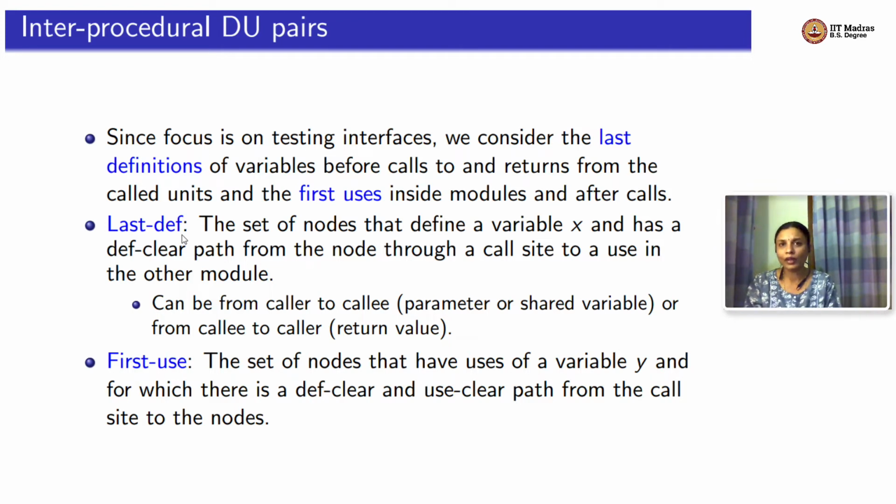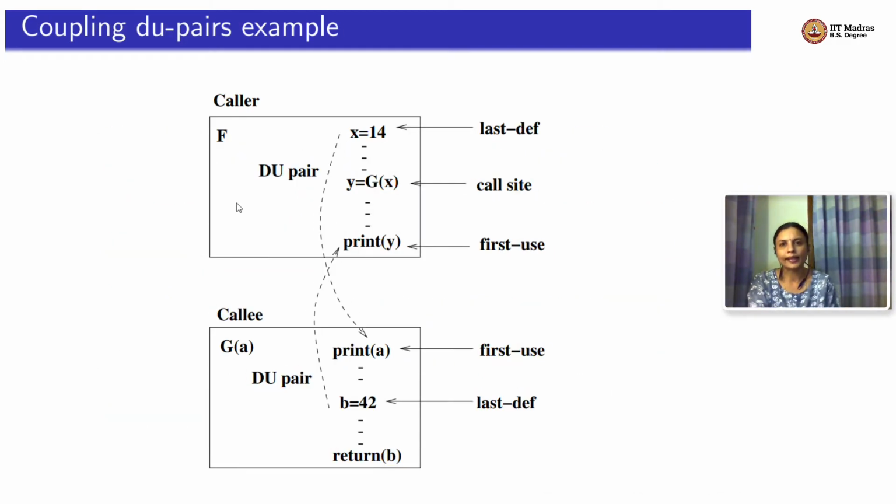First use is the one that is just after the call site. There are no uses before that in the callee module and no further redefinition. So this can be both ways. It can be from the caller to the callee, or it can be the callee passing a return value back to the caller. So here is an example.